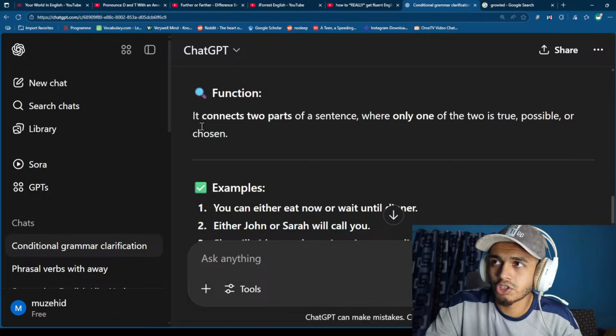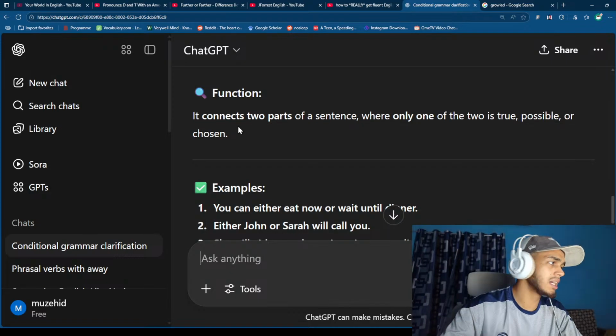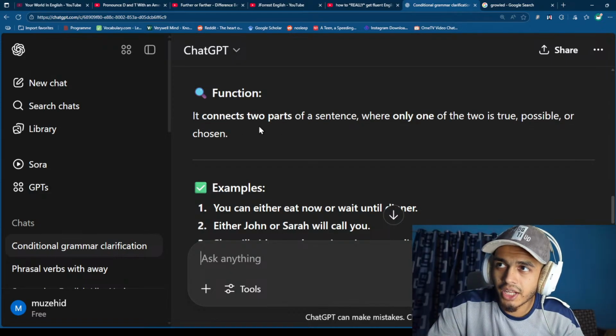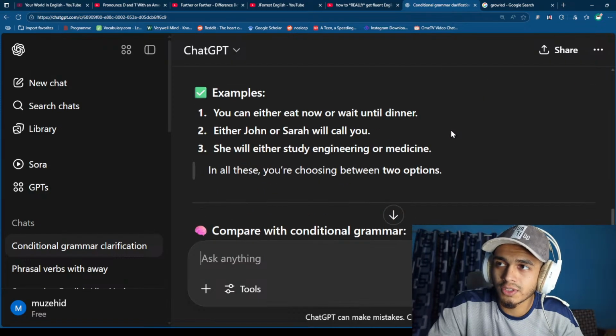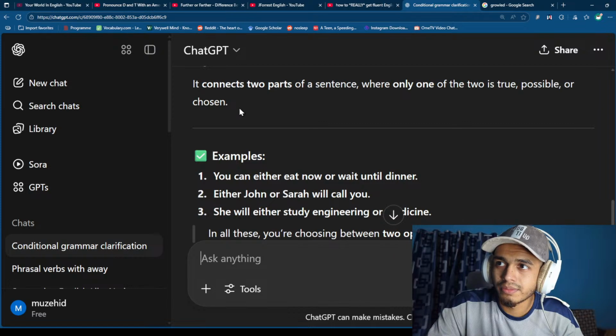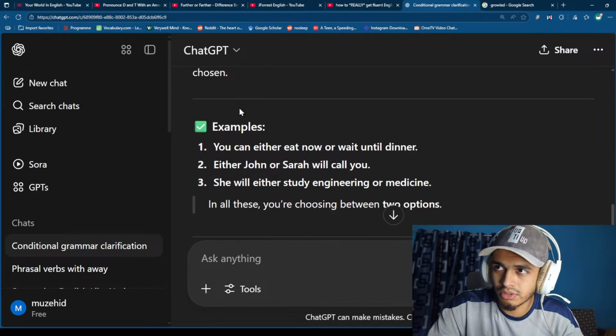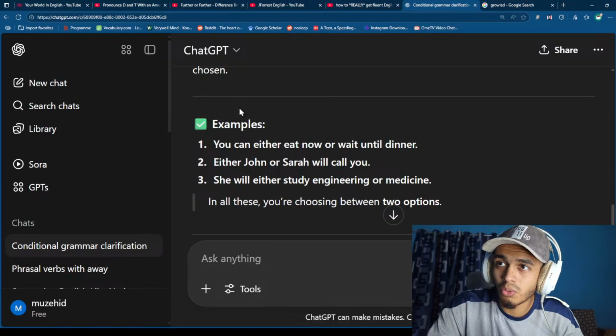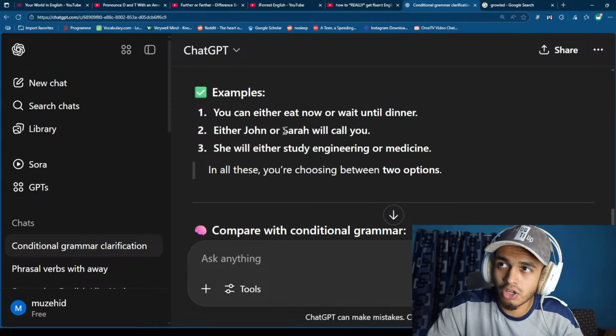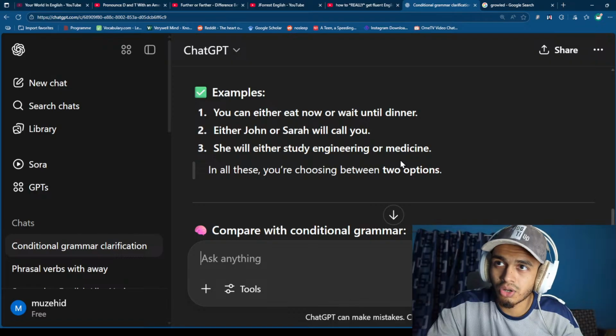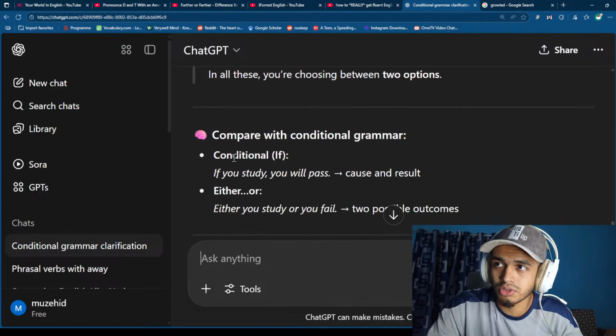It connects two parts of a sentence where only one of the two is possible or chosen. Example: you can either eat or wait until dinner. Either John or Sarah will call you. She will either study engineering or medicine. In all of these, you are choosing between two options.